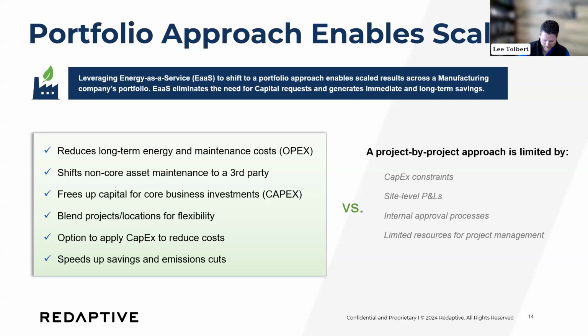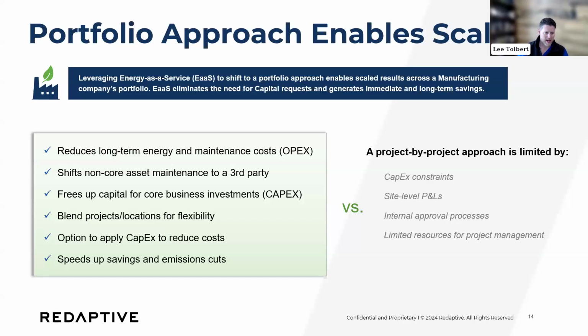And what we often guide our customers towards is that when you're able to free up that capital for other investments, you can invest it back in the business and generate really strong returns that way, versus spending it on things that are not as core to your operation. Another big component is this idea of blending projects and locations for flexibility. So we're going to talk about that more in the next slide, and I'll show you what I mean.